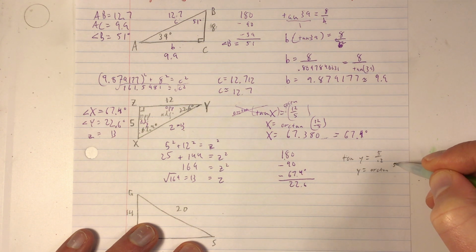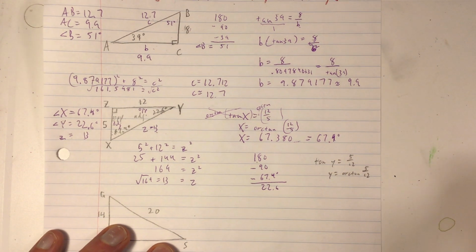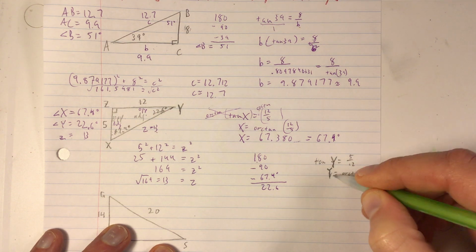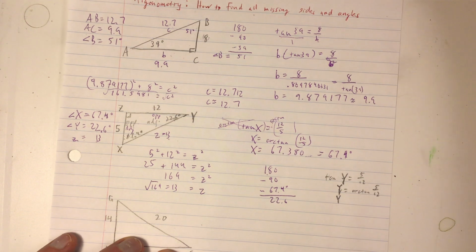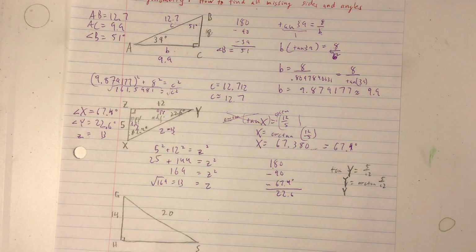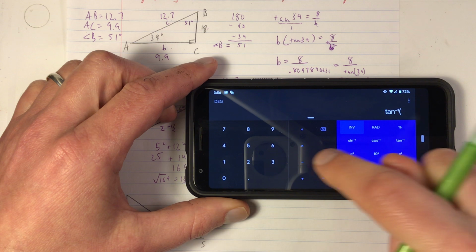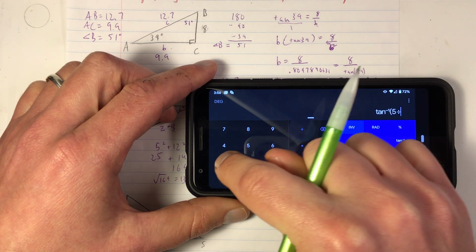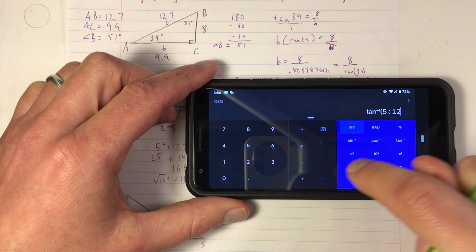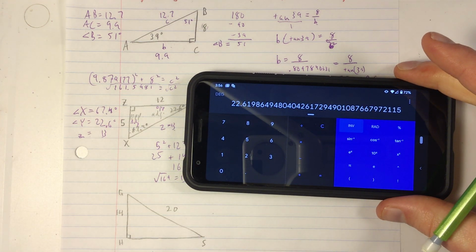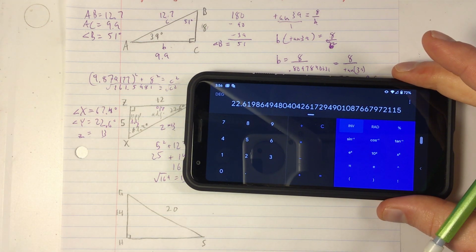Arctangent, 5 over 12, big Y. And if I type that in my calculator, the arctangent of 5 divided by 12, and I close parentheses and I hit enter. Hey, 22.6 degrees, exact same thing.